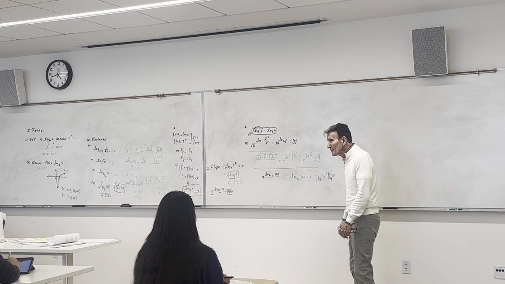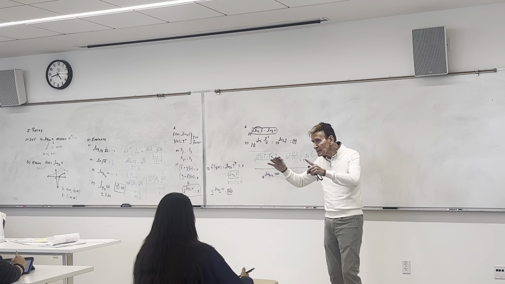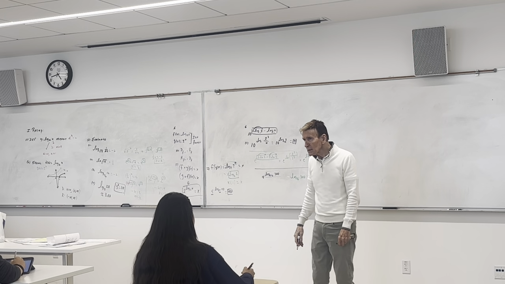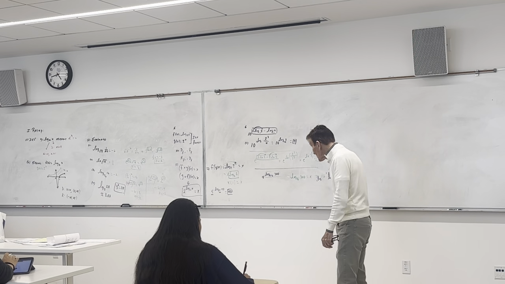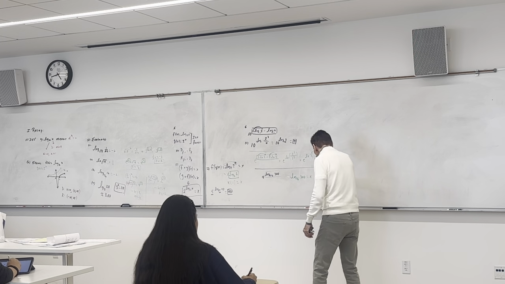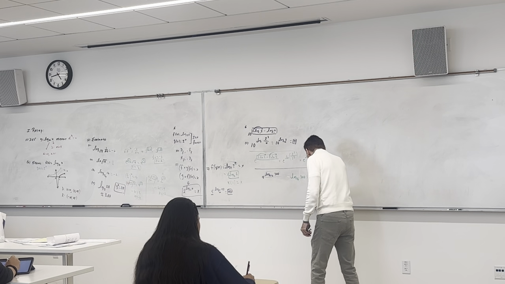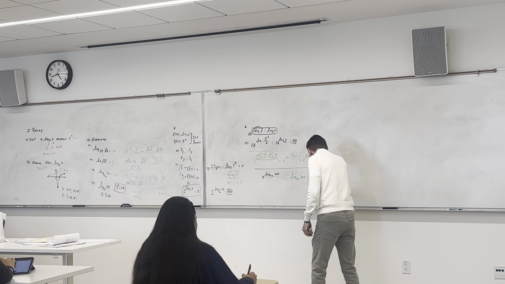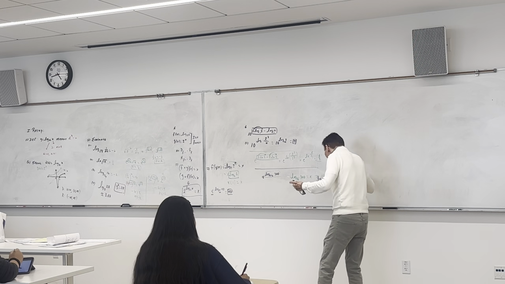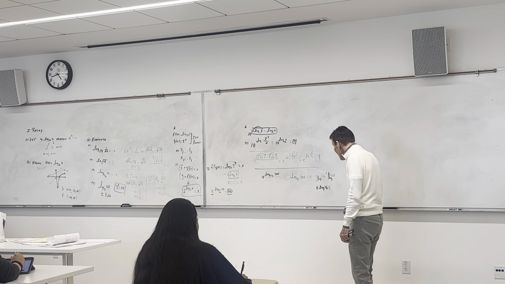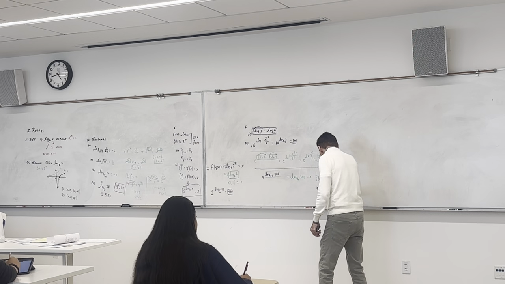I can take a log on both sides. On the left-hand side I could use the power property: x out front times log of 16 equals log of 300.